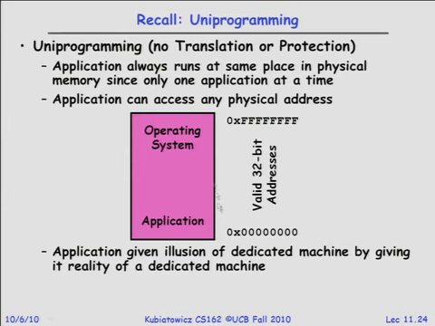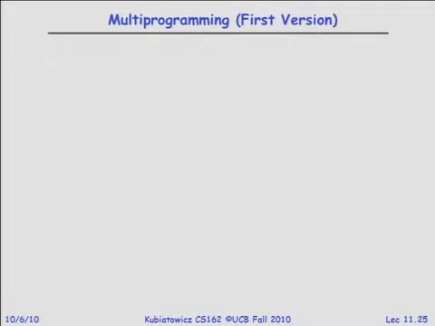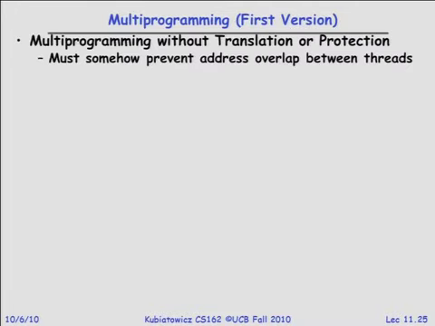Of course, this doesn't help us much with more than one thing at once. So let's look at the first version of multiprogramming of interest. This, by the way, is sort of what MS-DOS did, and the early Macintosh. This didn't have any translation or protection, so somehow we have to prevent addresses from overlapping.